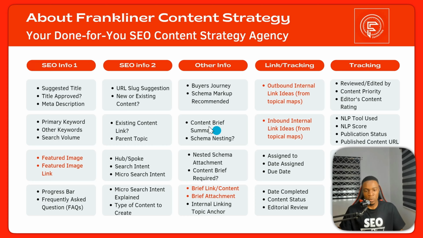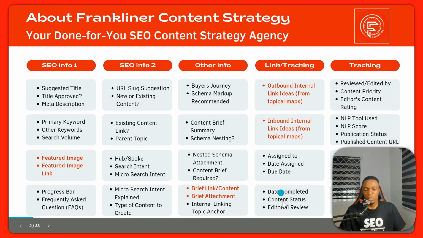There's also a column for content brief, as you can see here. There are a couple of columns which I'm going to explain in the next slides. There's a column for internal link ideas. There's a column for tracking. That means when you assign content to your content writer, there's a column to track who you assigned it to, when it was assigned, when the content was completed, and whether the content is still in review or published.